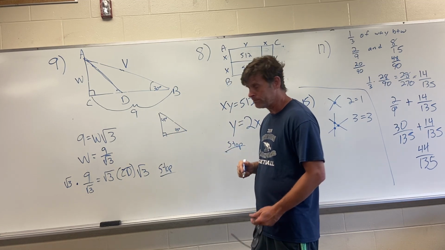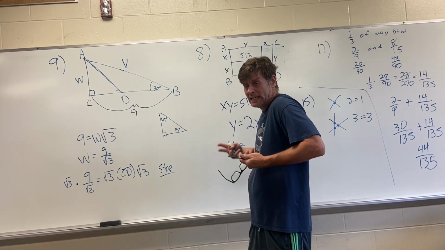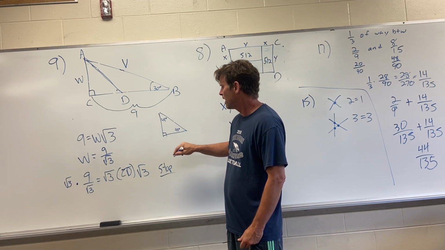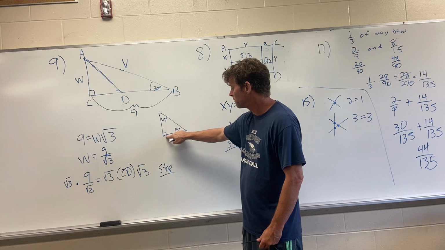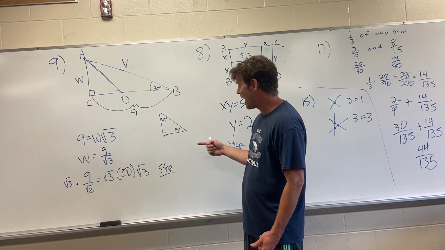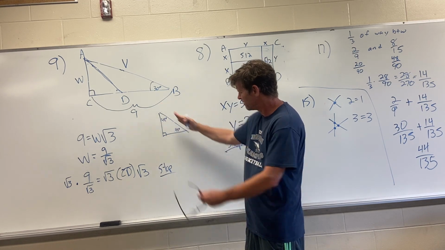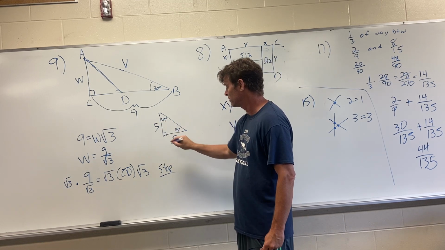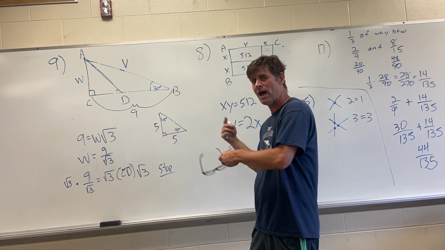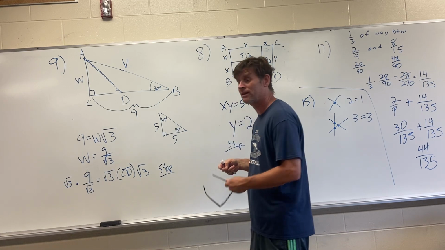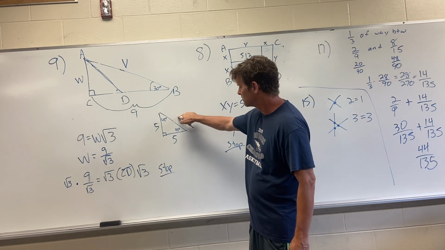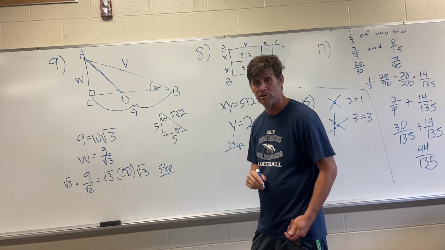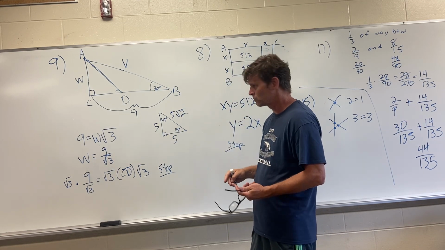You just need to know that the two legs are exactly the same because they're across from the exact same angles. So if this is 5 and this is 5, then if you work out your Pythagorean theorem, the hypotenuse is 5 times the square root of 2, 5 radical 2.